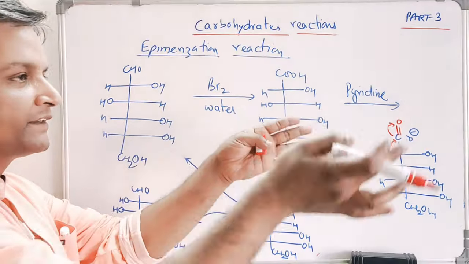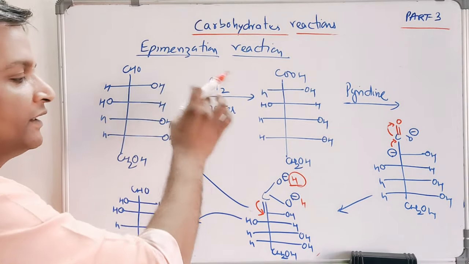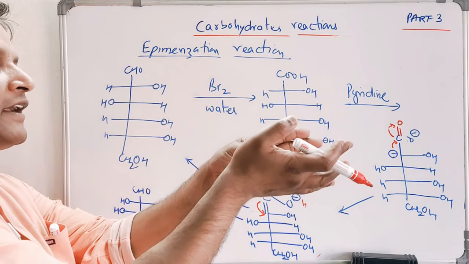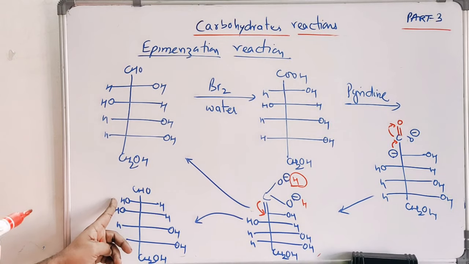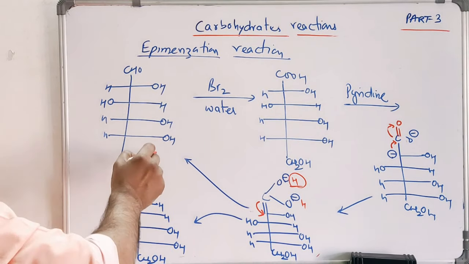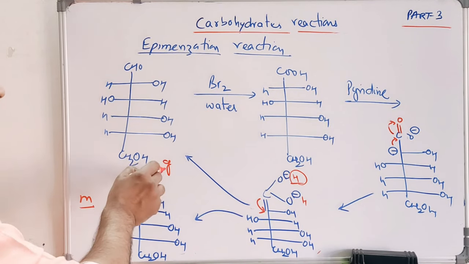When it attacks from the front side, it gives us back our aldehyde, which is the glucose part. When H attacks from the back side, it gives us an epimeric structure which is called mannose. So in this case, this is glucose and this is mannose. So mannose is the epimer of glucose.